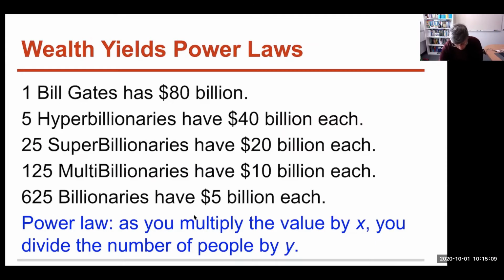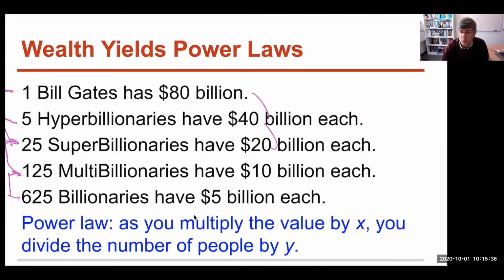We would have a world where there were only, at the time I made it, 625 people who had 5 billion. Twice as much money, I have 1/5 as many.